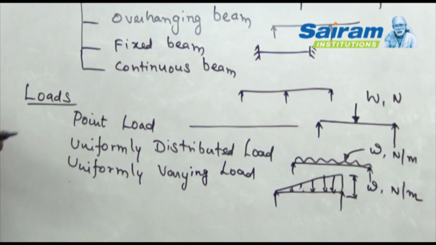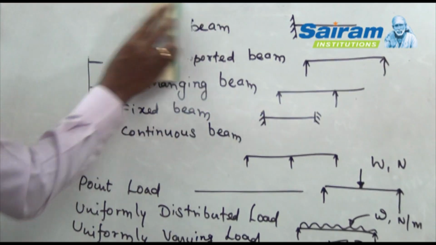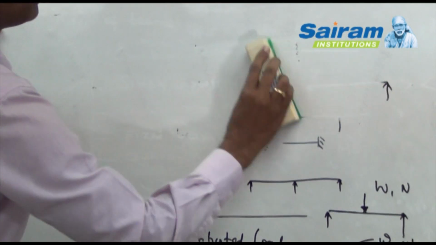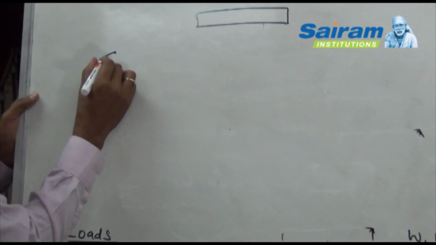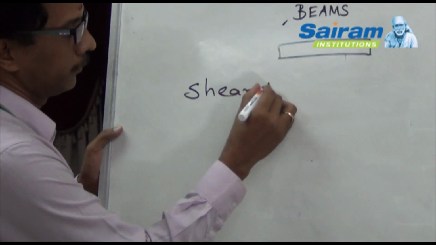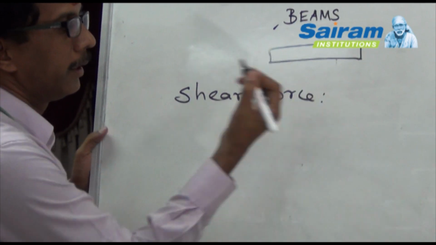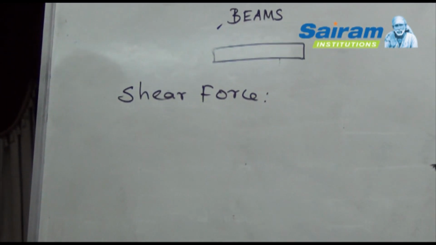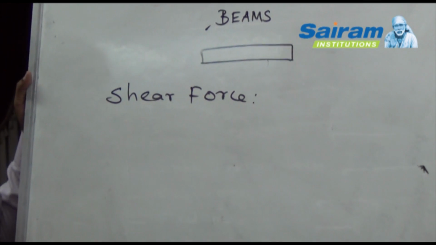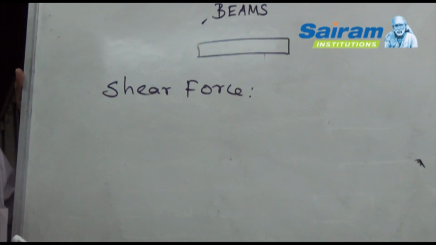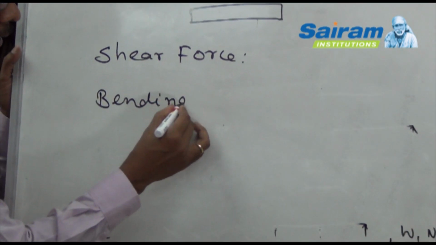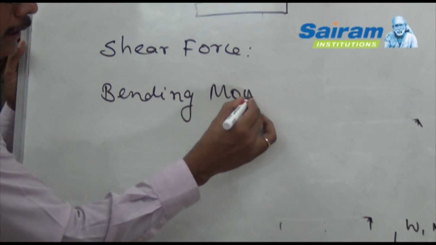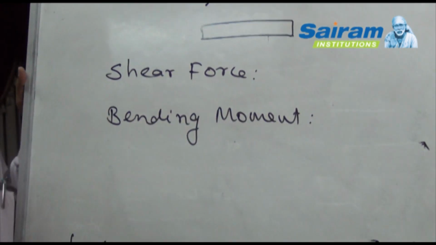And from this we'll see what shear force and bending moment diagrams are. Shear force is nothing but the algebraic sum of the vertical forces acting along the length of the beam, either to the left or right of the section. And bending moment is the moment of all the forces acting along the length of the beam.